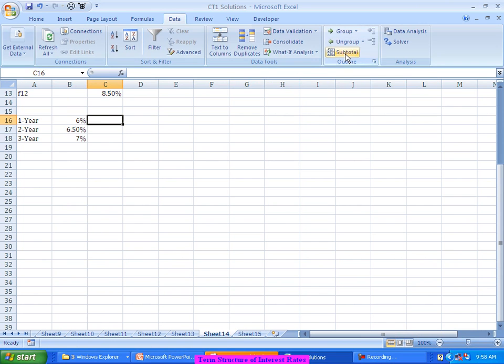So the typical cash flows associated with this bond: if I pay something today, after 1 year I will be receiving 8 on each bond because the face value of the bond is 100.